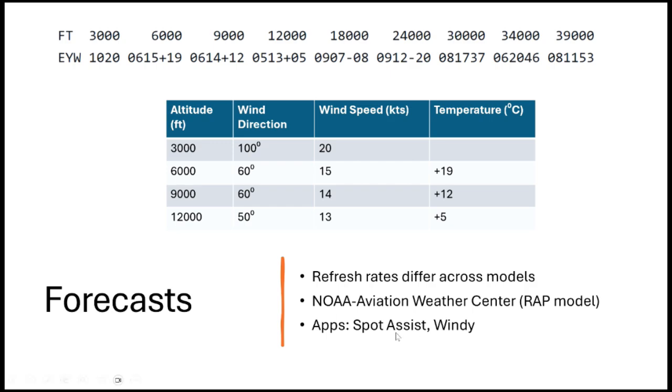Apps such as Spot Assist, they have said that they use the data from NOAA, of course, but they don't specify which model. And Windy, if you go and look at their website, I don't actually have their app, but I think maybe in there you can also say which weather model you want it to use and where to pull the data from, because otherwise they're taking that same data and they're interpolating.